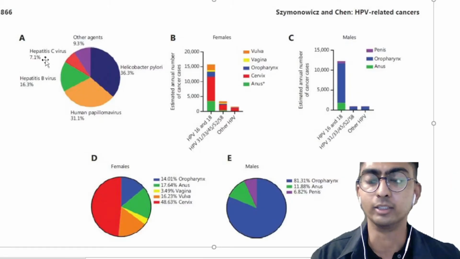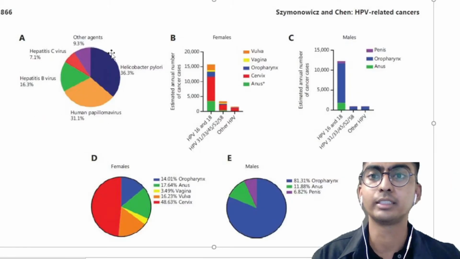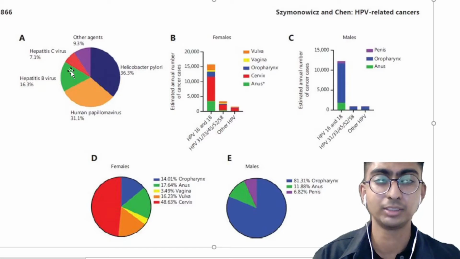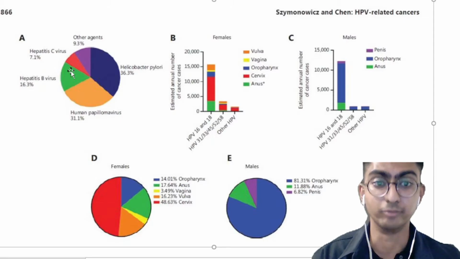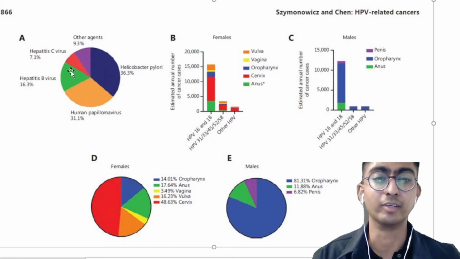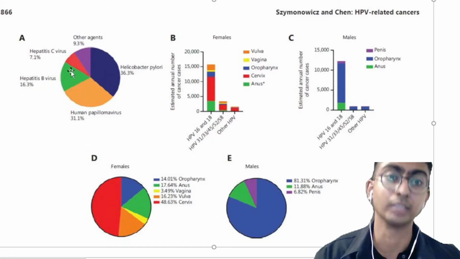You can take a look at cancers that are caused by viral infections. So not all cancers are viral infections, but there are a few that are caused by viral infections, which means infection caused by viruses that lead to cancer.